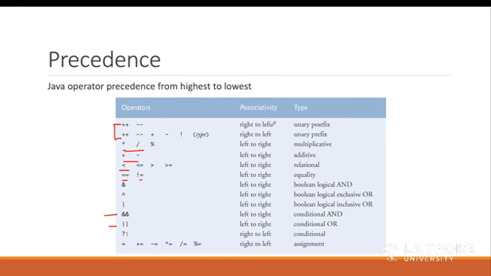And then let's say if you encounter the same precedence in an equation, then you need to check their associativity as well. So let's say there is an equation where you have multiplication and division together. In order to evaluate them, you need to check the associativity. So you need to go from left to right.